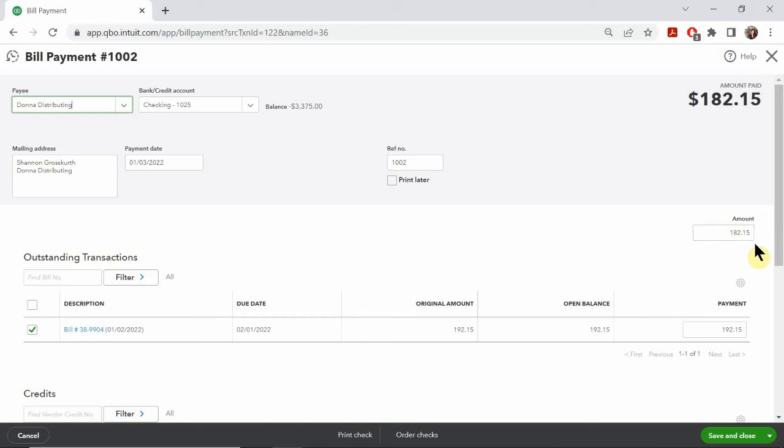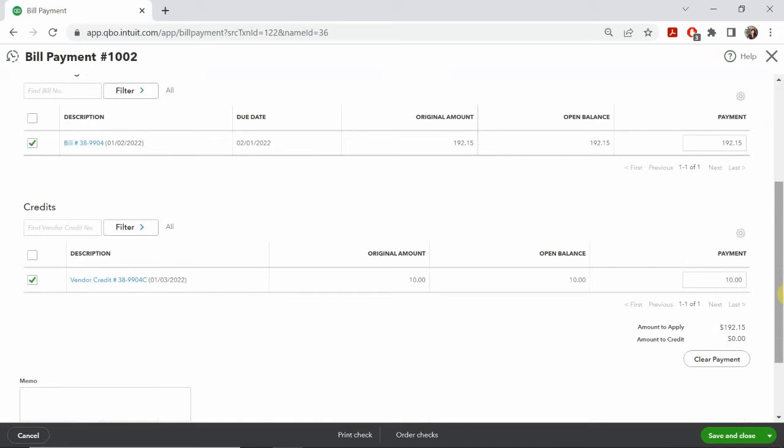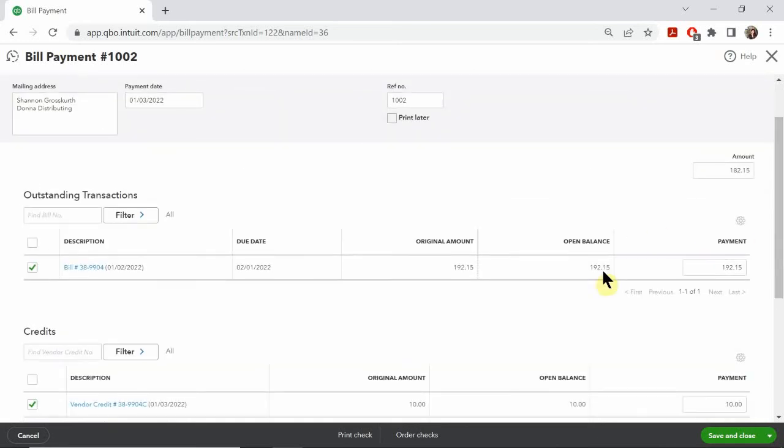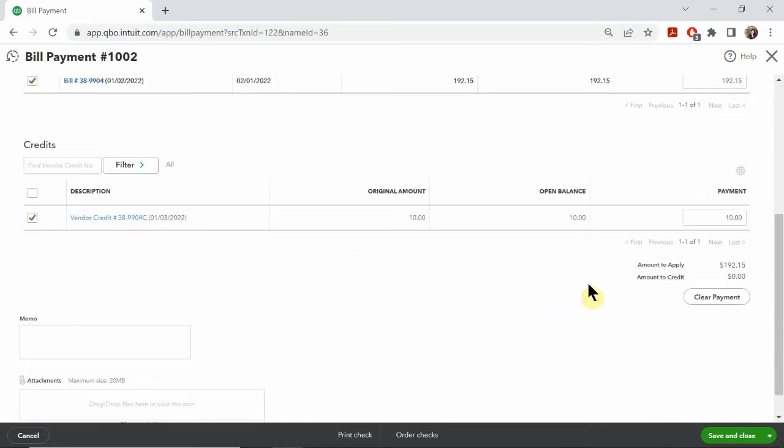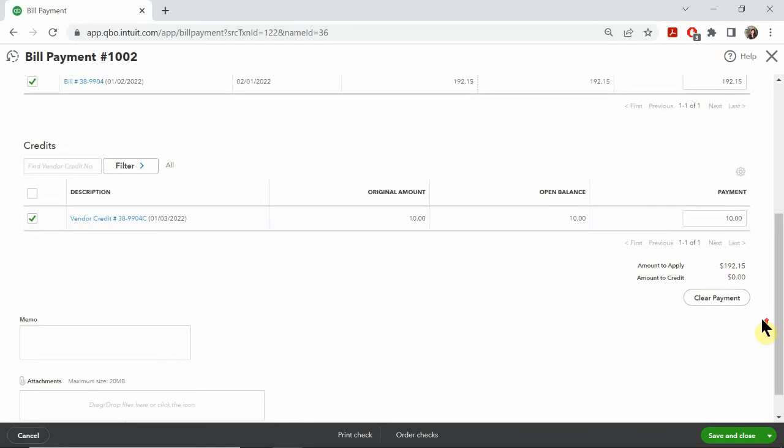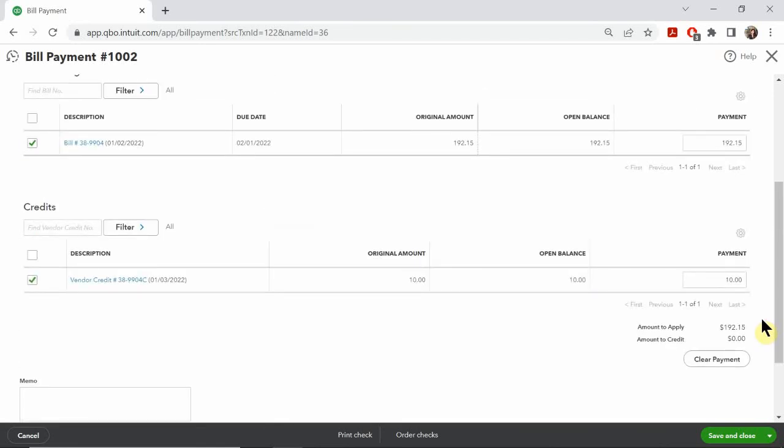So what are you going to pay? They're assuming that you're going to pay this entire bill off for that $192.15. So again, take a look at the original one for $192.15. They applied the $10 off. So now you owe $182.15 now.